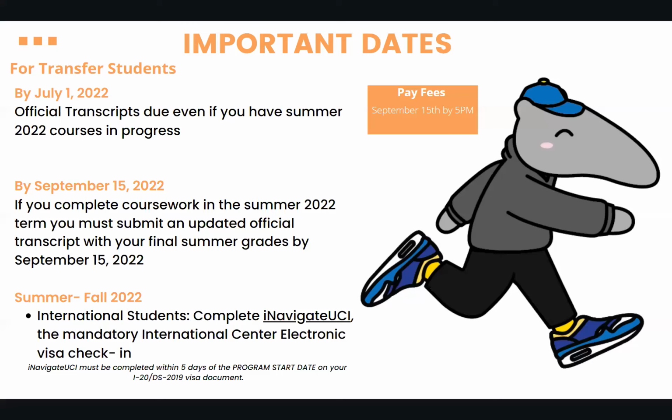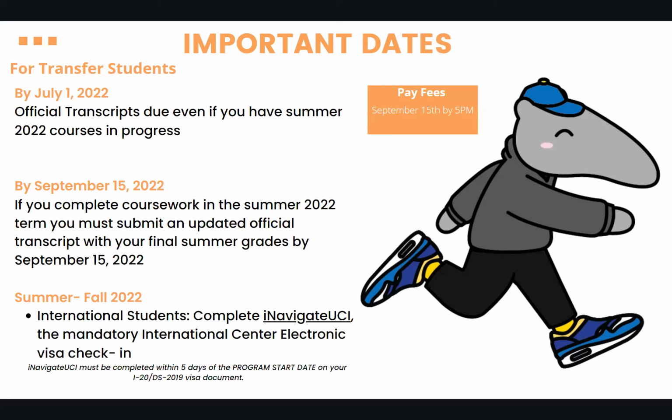So some important dates that you should keep in mind. All of you should have submitted your transcripts to the UCI admissions office by July 1st. We do have a September 15th deadline for coursework that you might have completed during the summer.